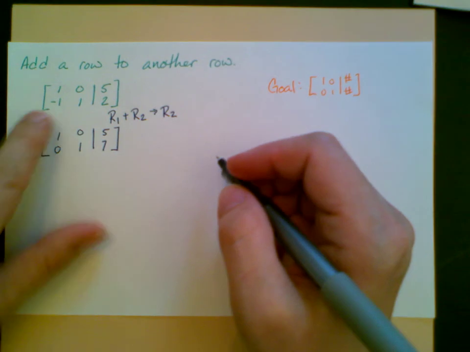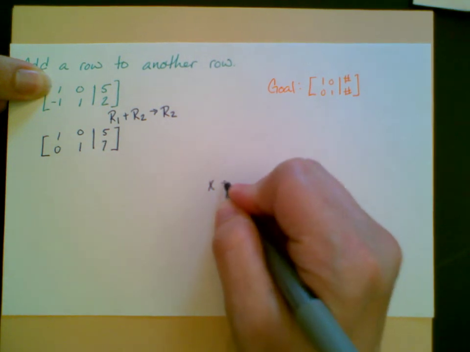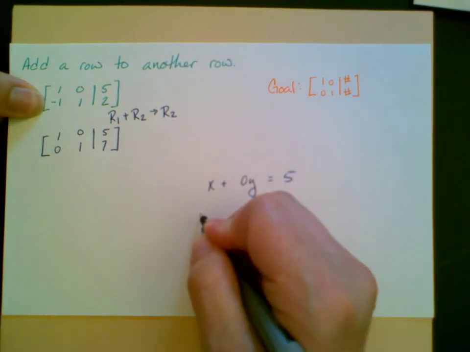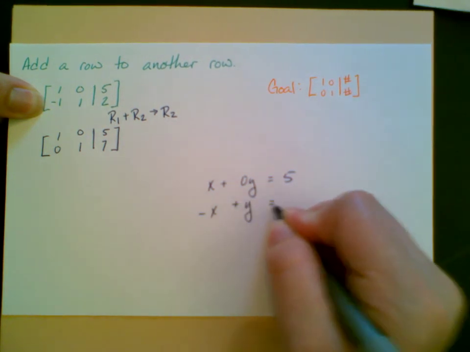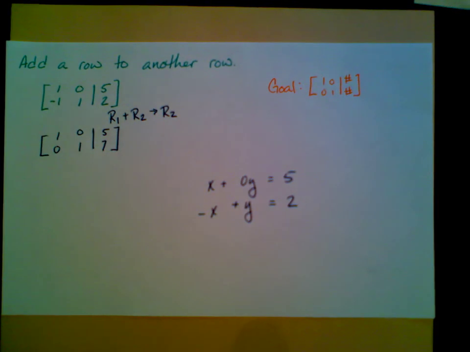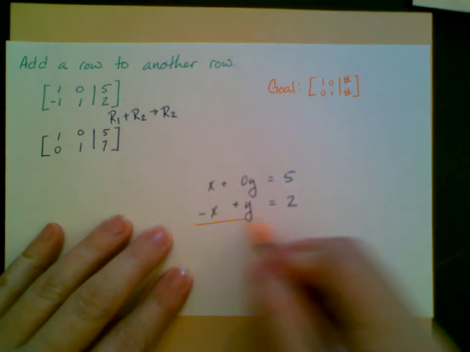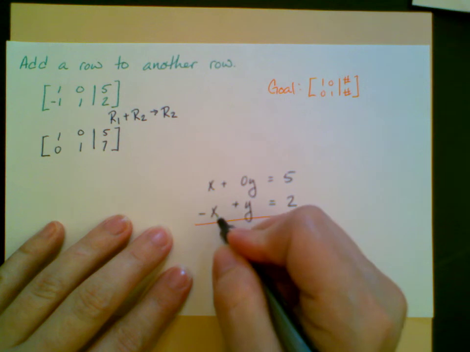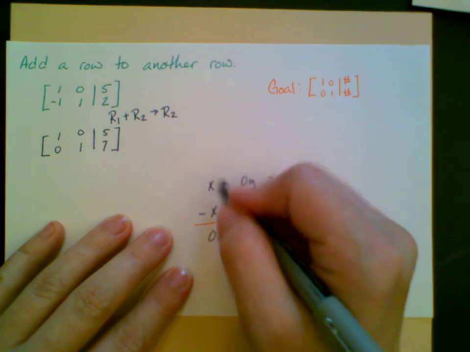So let's look at why this works. This row is represented by the equation x plus 0y equals 5. And this row is represented by the equation -x plus y is equal to 2. So remember using the elimination technique to solve systems of equations. If I add these equations together, then x plus -x, well, that's 0x, for emphasis.